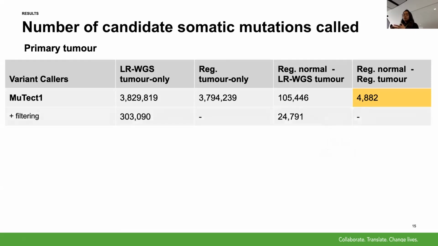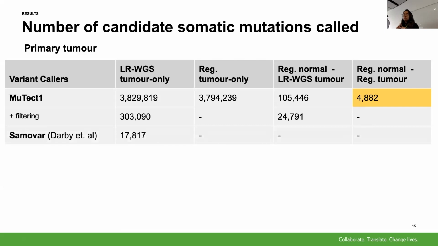So this prompted deeper investigation, and we applied some different filtering methods. So we used a panel of normal, we did some marking the duplicates, and we got the number down by an order of magnitude, but still it's incomparable to the gold standard here, which is 4.8 thousand.